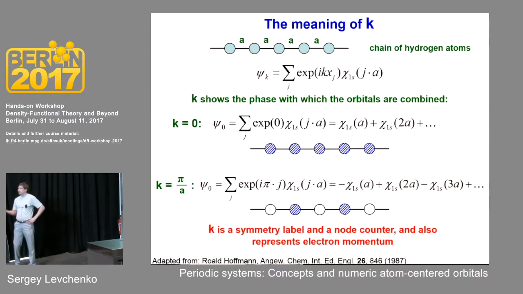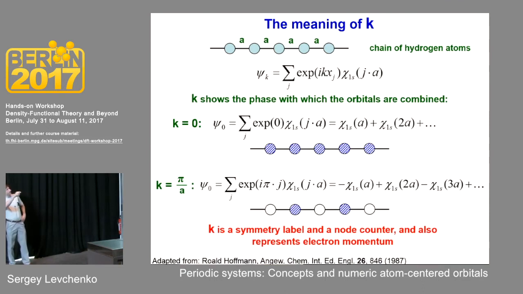This k vector actually has a meaning, and we can see this from a very simple example. Let's say we have a chain of hydrogen atoms, and then the wave function is expressed like this. There are some phase factors which depend on the k point and the position of the atom, and the 1s orbital on each atom.